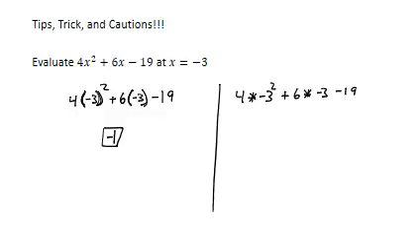If I plug it in without the parentheses, what I end up with is a solution of -73. That's a whole lot different than the -1 that I got over here. And I can tell you that the -1 is the correct solution. So the question is, why?